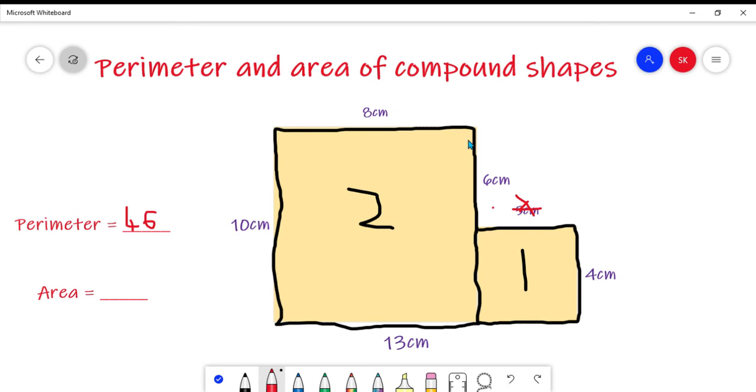They might keep that and then ask us to work out the perimeter, and then you might stumble across it and go, oh, what do I do now? There's no measurement. So here we have 13 centimeters, and here we have 8 centimeters.